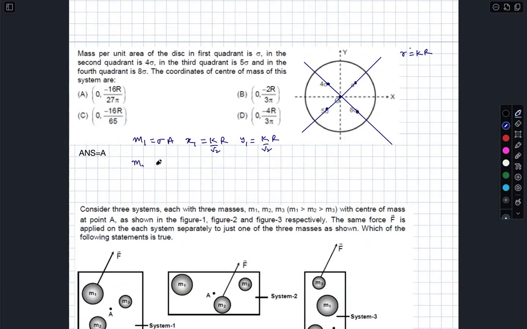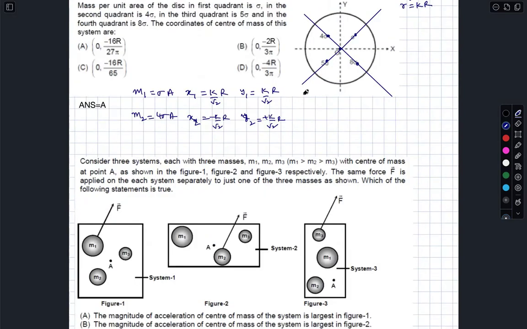Second part, M2 is 4 sigma A, X2 is minus K by root 2 R, Y2 is plus K by root 2 R. M3 is 5 sigma A, X3 is minus K by root 2 R, and Y3 is minus K by root 2 R. M4 is 8 sigma A, X4 is K by root 2 R, and Y4 is minus K by root 2 R.